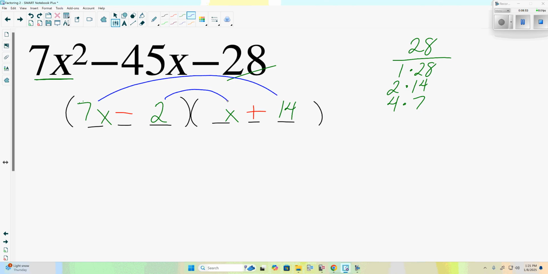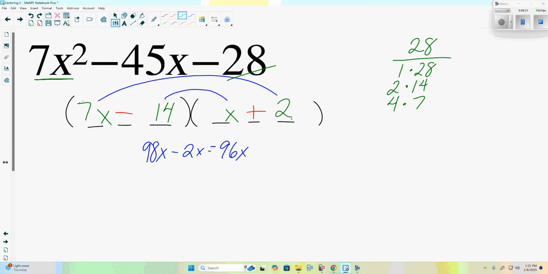So the first thing we're going to do is 7x times 14, which is going to be 98x. Negative 2 times x is negative 2x, giving us 96x. All right? Okay. Because we could switch the 14 and 2.